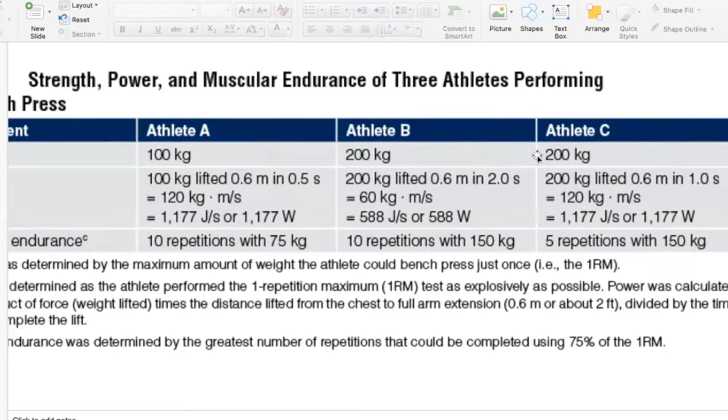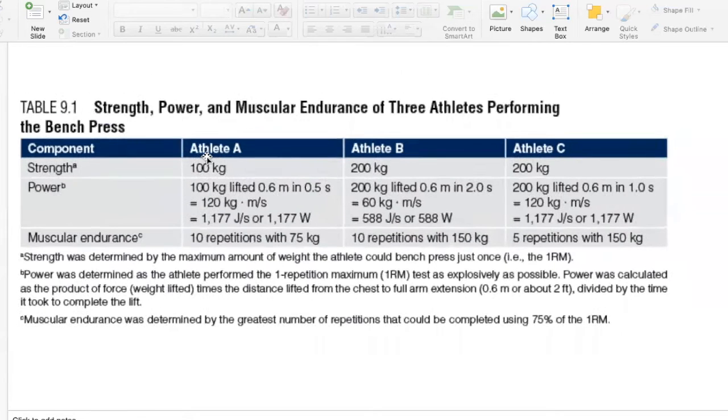And athlete C is lifting 200 kilograms half as fast as athlete A. So although they're lifting 2 times the amount, they're lifting it with half the speed, and therefore athlete A is just as powerful as athlete C, even though athlete A is lifting less.